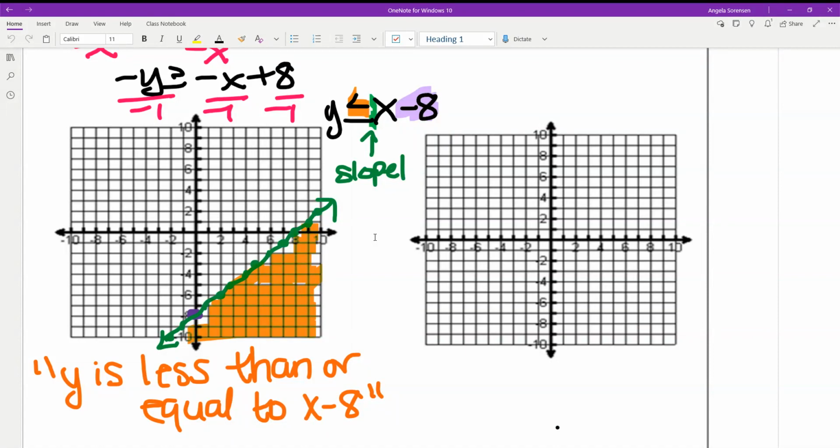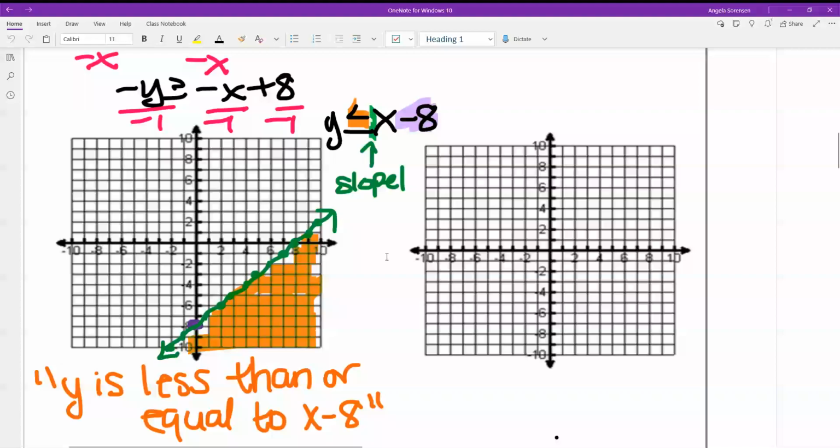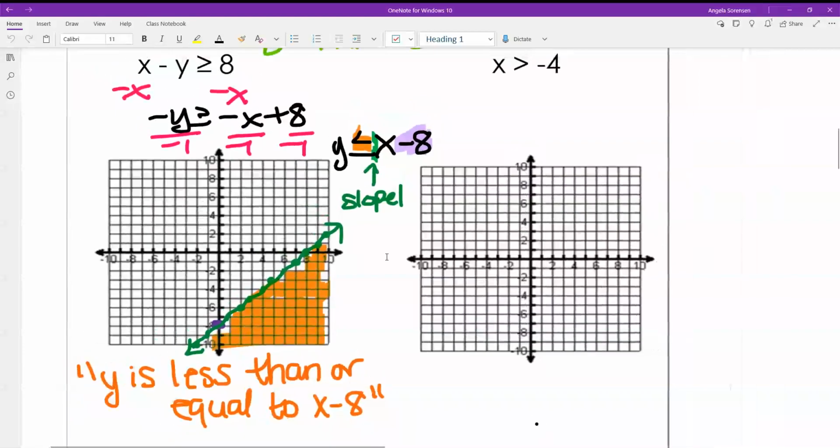So there's 3 steps. You got to graph your line, you got to decide if it's solid or dotted, and you got to shade. So let's do this next one. x is greater than -4. Just as a reminder, when you've got x is equal to something, is that a horizontal or a vertical line? Vertical, which means it goes like this.